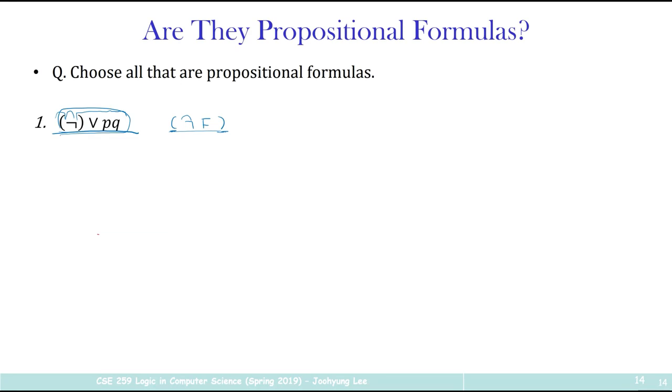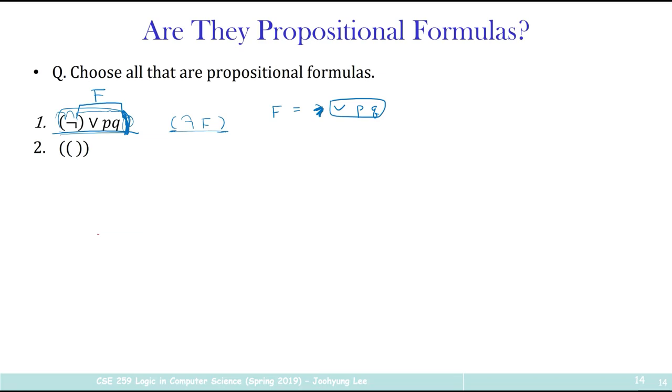Now we are lucky, because it happens that there is no closing parenthesis. If there is a closing parenthesis, then our task is reduced to proving whether the part inside is a formula, and you have to go recursively. Then the question is whether this F is a formula, and you have to do this checking recursively.